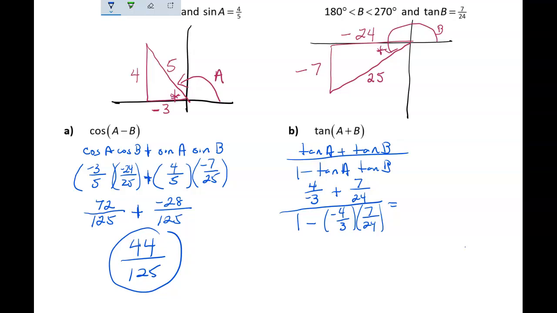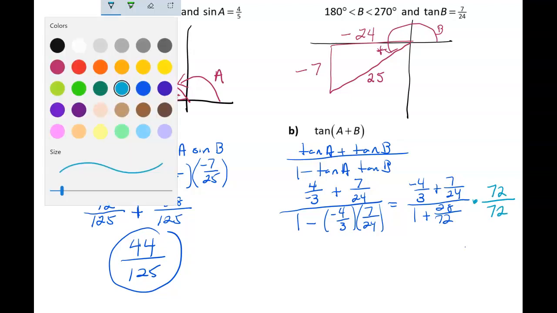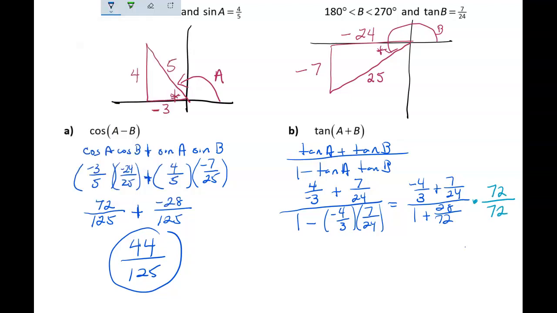Let's just do this without doing the addition. -4/3 plus 7/24 over 1, plus 28 over 72, just multiplying the fractions together. And you remember the technique for multiplying top and bottom by the LCD of all the little mini fractions. That's our best way to simplify a complex fraction.